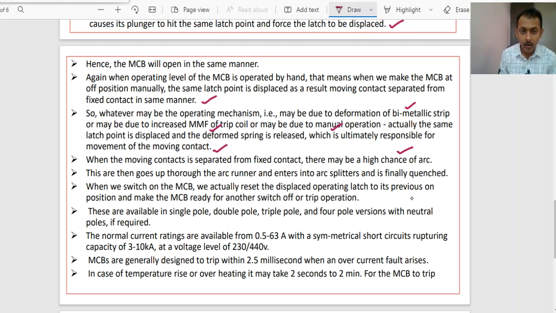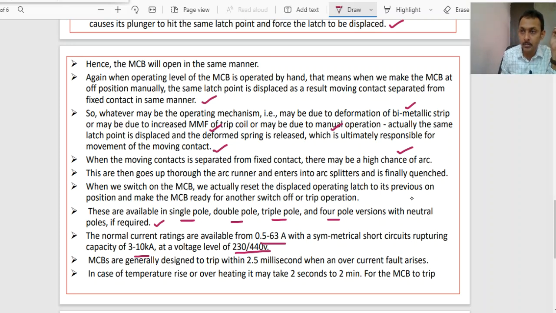Now these MCBs are available in single pole, double pole, triple pole, and 4-pole versions with neutral pole if required. Coming to the current ratings, they are in the range of 0.5 to 63 amps, with a symmetrical short circuit rupturing capacity of 3 to 10 kiloamperes at a voltage level of 230 to 440 volts.